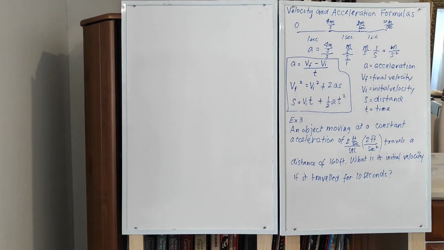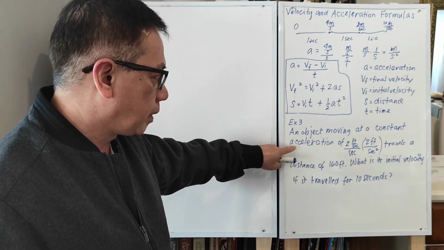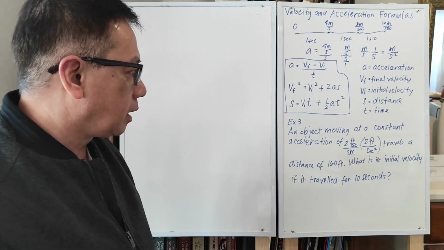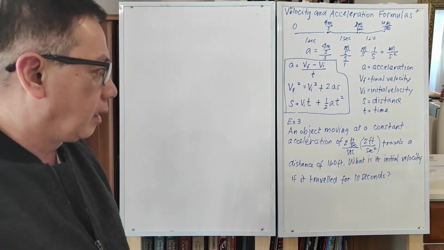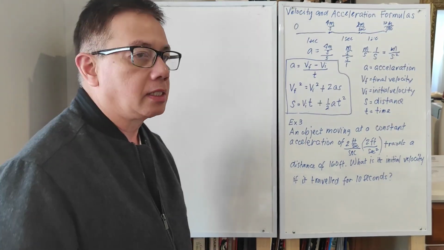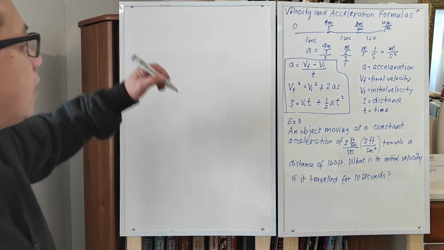Example 3. An object moving at a constant acceleration of 2 feet per second squared travels a distance of 160 feet. What is its initial velocity if it traveled for 10 seconds? So we first write all the given factors.